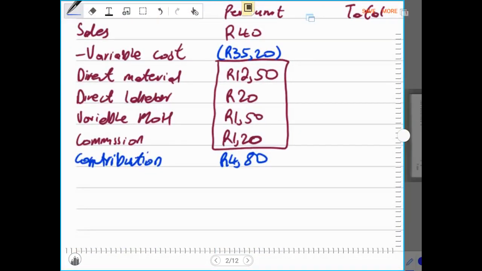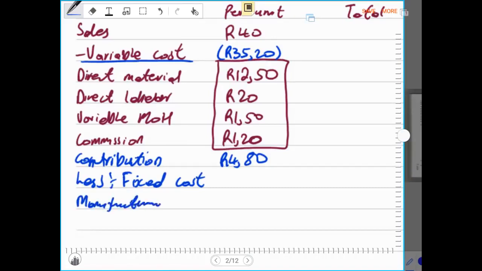Remember, marginal income statement is sales less variable cost. Then we get to the contribution. Then you say less fixed cost. Then now in this case, our fixed cost is provided to us as manufacturing fixed cost and administration fixed cost.